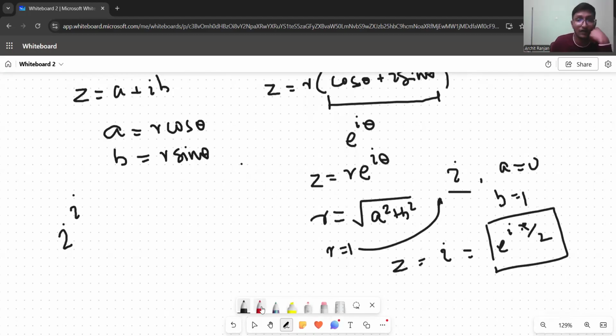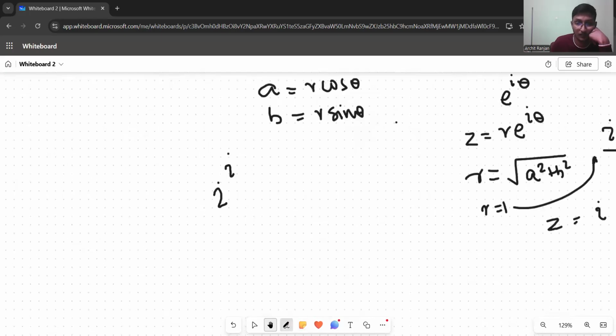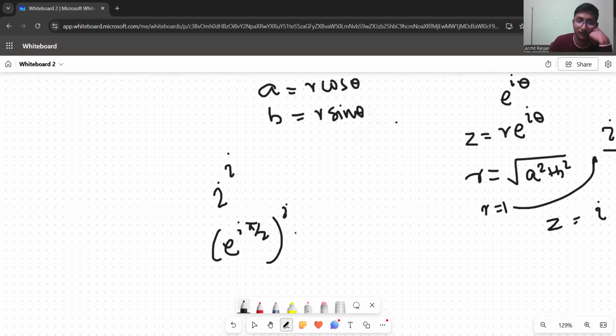Now what we do, we put this into this. This gives us e to the power i pi by 2, to the power i. That is, e to the power i times i, and i squared is minus 1, so minus pi by 2. This is the answer.